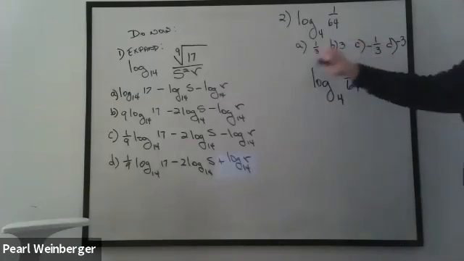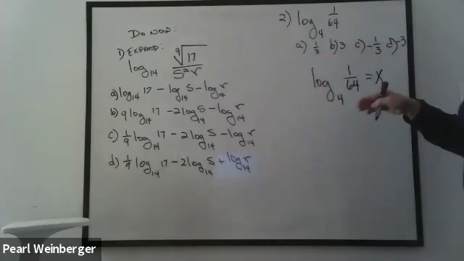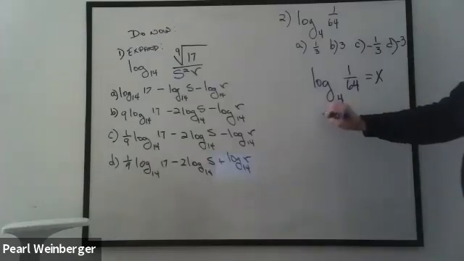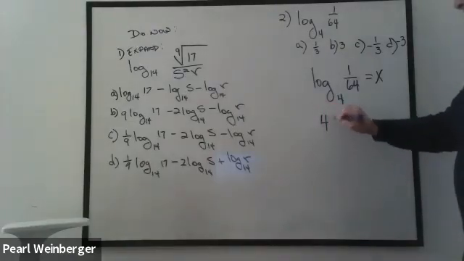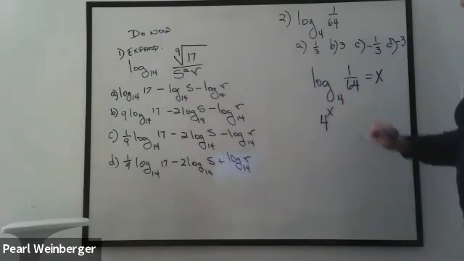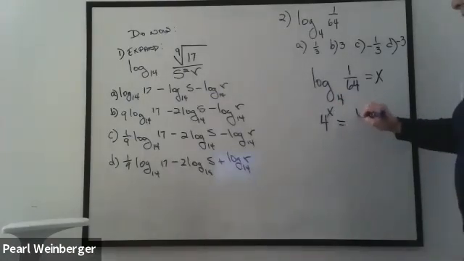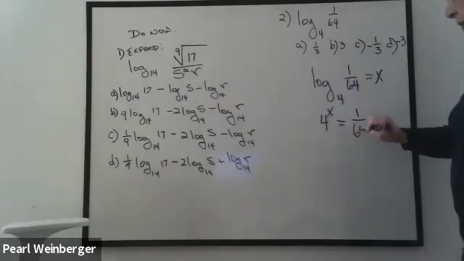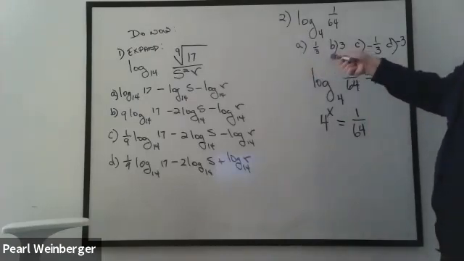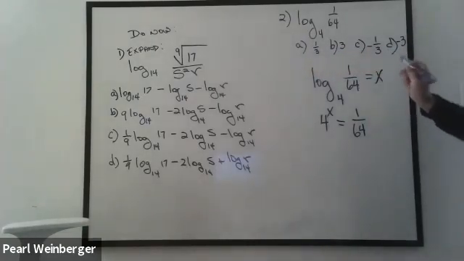And now I have a log equation, so I can change it to exponential form. Again, my base is 4. My exponent is x, and that's going to give us 1 over 64. Now remember, I gave you the answer. These were the possible answers.